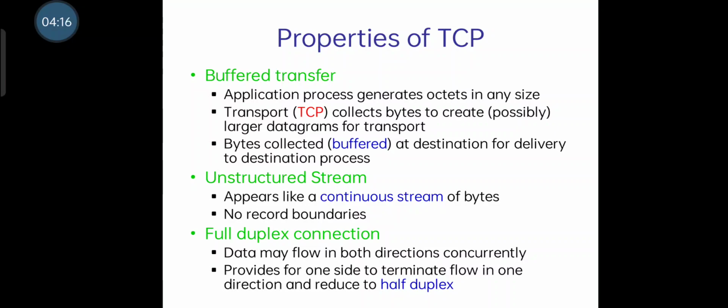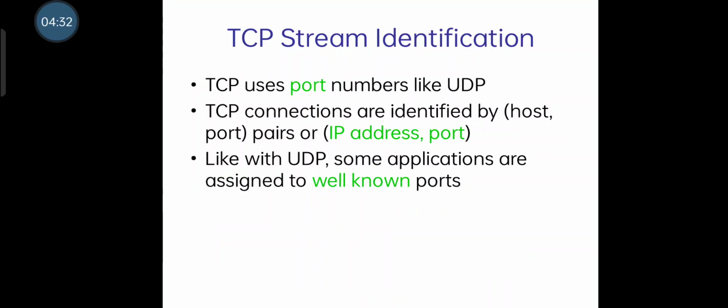And then it is an unstructured data stream. It is continuous and doesn't have any boundaries. Next is full duplex communication, which means both directions can send data. Apart from that, we have a stream identification number.